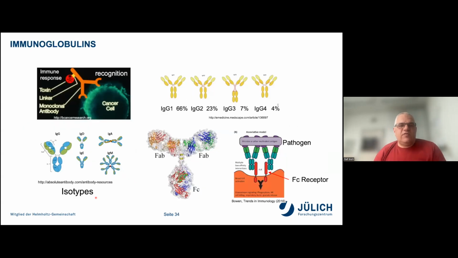Okay, now we come to the immunoglobulins. Immunoglobulins, you know all about. We have this Y-shaped structure with the Fab arms and the Fc. The Fab arms have a binding site where they bind to a pathogen, and communication with a receptor is done at the Fc part. There are different types of immunoglobulins, as given here. It's difficult to get immunoglobulins in pure form.